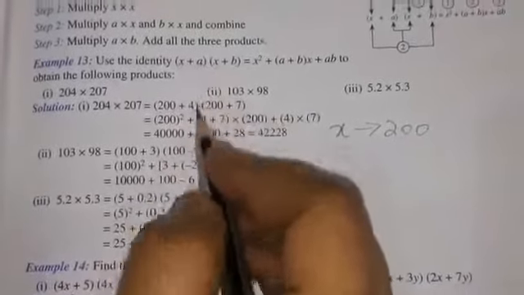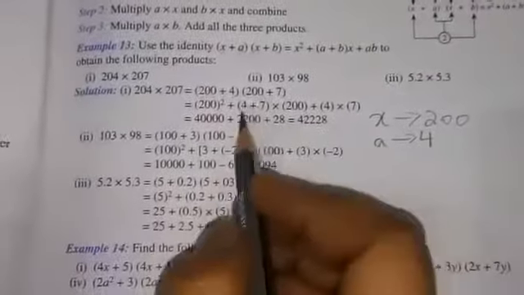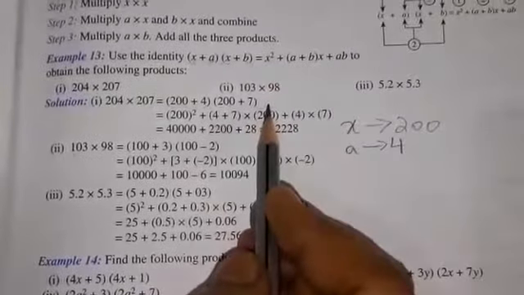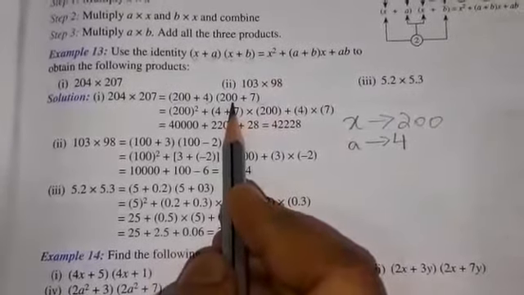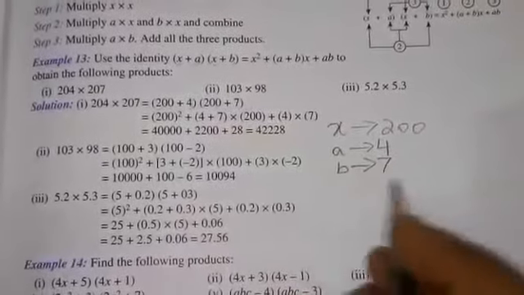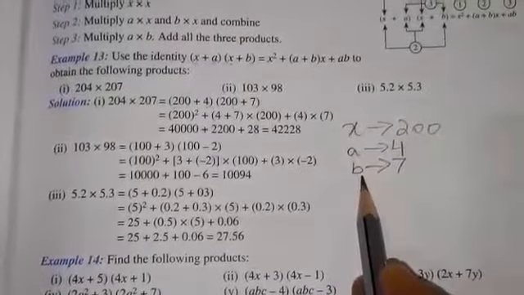x plus a. So what is a? a is 4. Into x plus b, which is 200 plus 7. So this is again x, 200. b is 7. So we need to get the values of x, a and b in order to find the product.